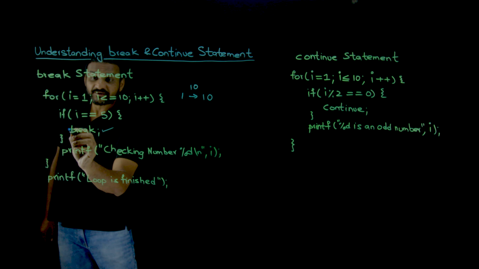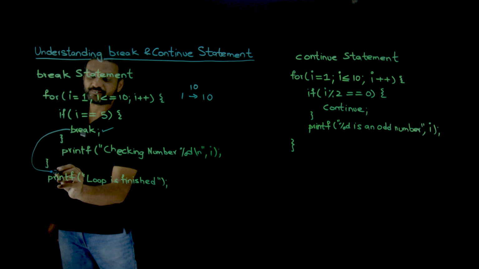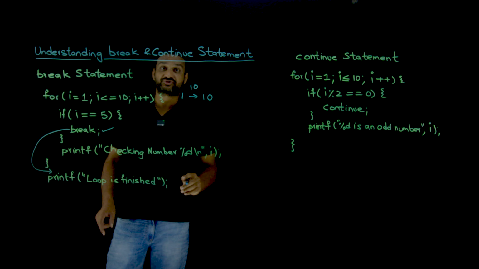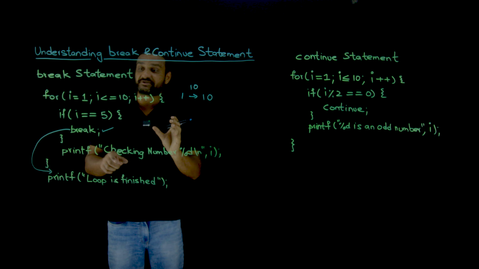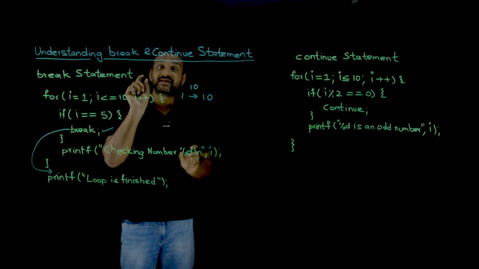Whenever the break gets executed, we will come out of this loop. In our previous classes, we understood break in the switch statement, but break can also be used in loops.